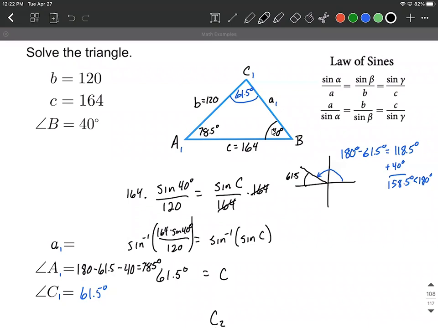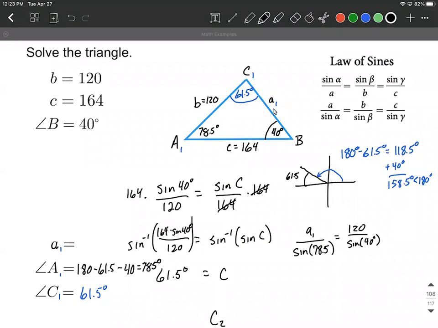All right, the only thing that we don't know at this point is side A1. To get that, I'm going to use the version of the law of sines that has our side A1 divided by sine of the angle A, 78.5 degrees, equals, and I'm just going to use our b's that were given to us initially, so 120 over sine of 40 degrees.